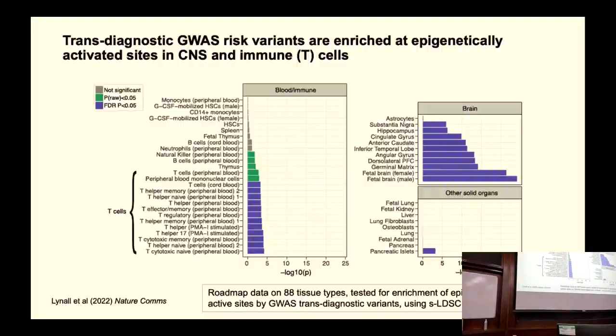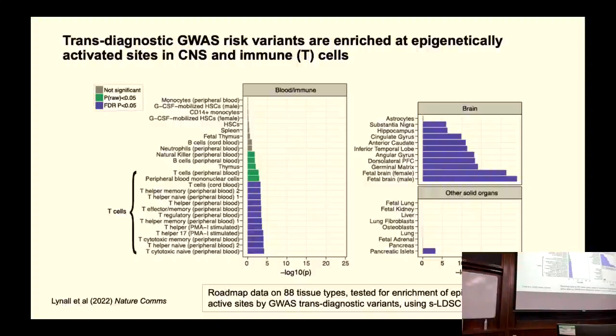So in a lot of brain tissue, but particularly fetal brain tissue, epigenetic activation is co-located with risk genes for psychiatric disorder, and these are trans-diagnostic GWAS risks. So these are the risk variants that confer increased risk across a range of different psychiatric disorders. They're all co-located with epigenetic activation in fetal brain particularly.